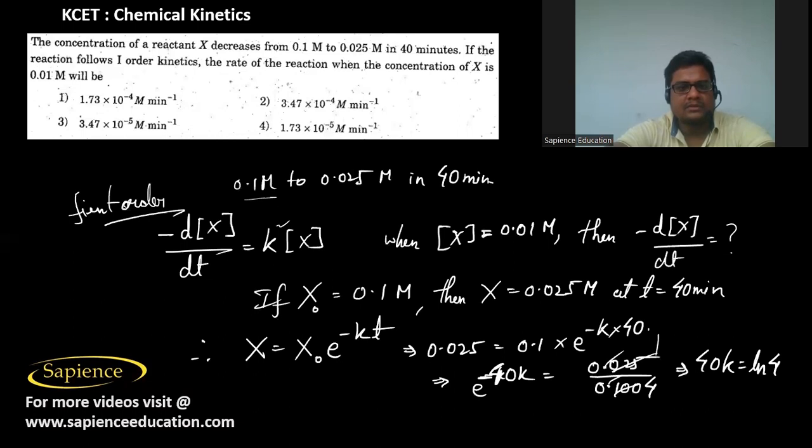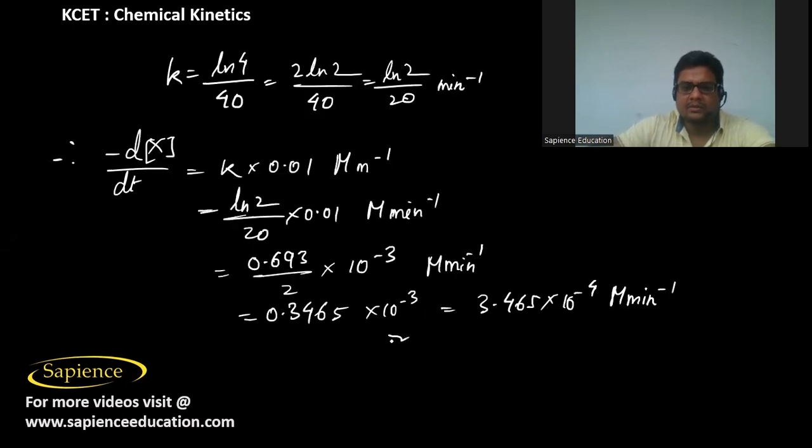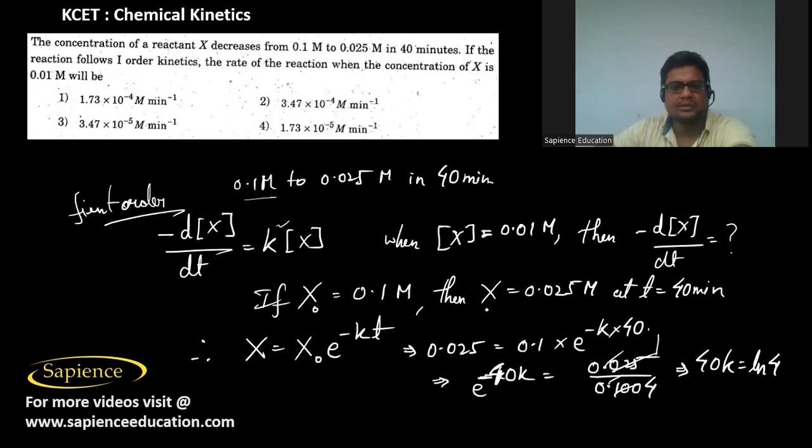So approximately 3.47 into 10 power minus 4 molar per minute. So option 2 is the correct answer.